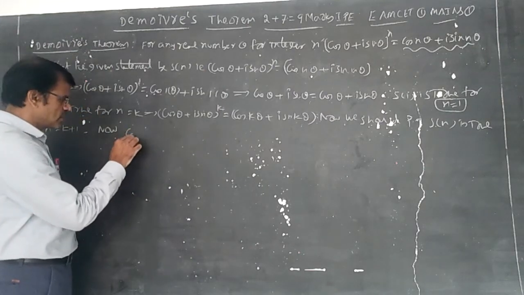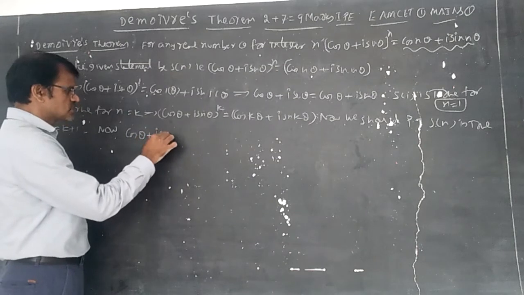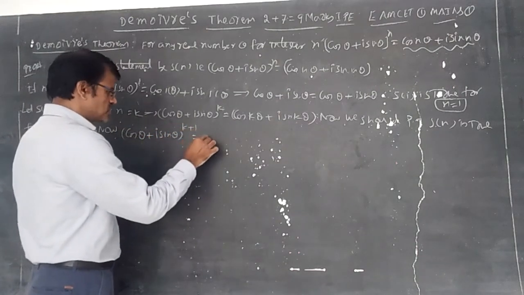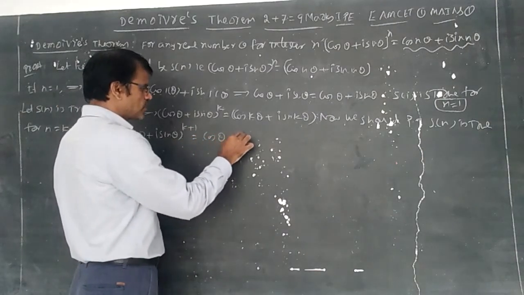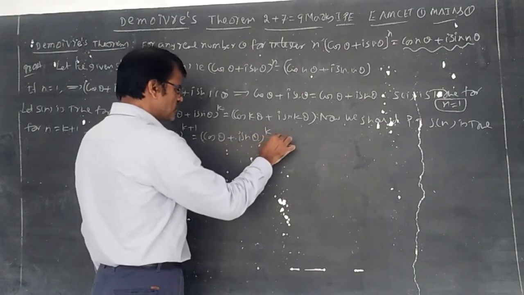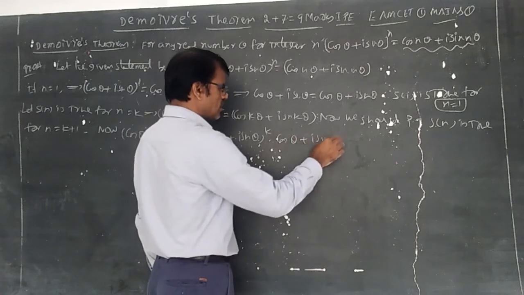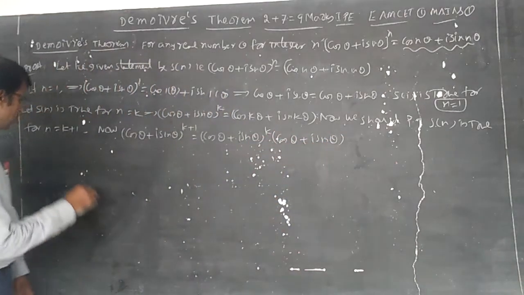Now considering this, (cos theta plus i sin theta) whole power k plus 1 is equal to (cos theta plus i sin theta) whole power k into (cos theta plus i sin theta), written using a power m plus n is equal to a power m dot a power n.